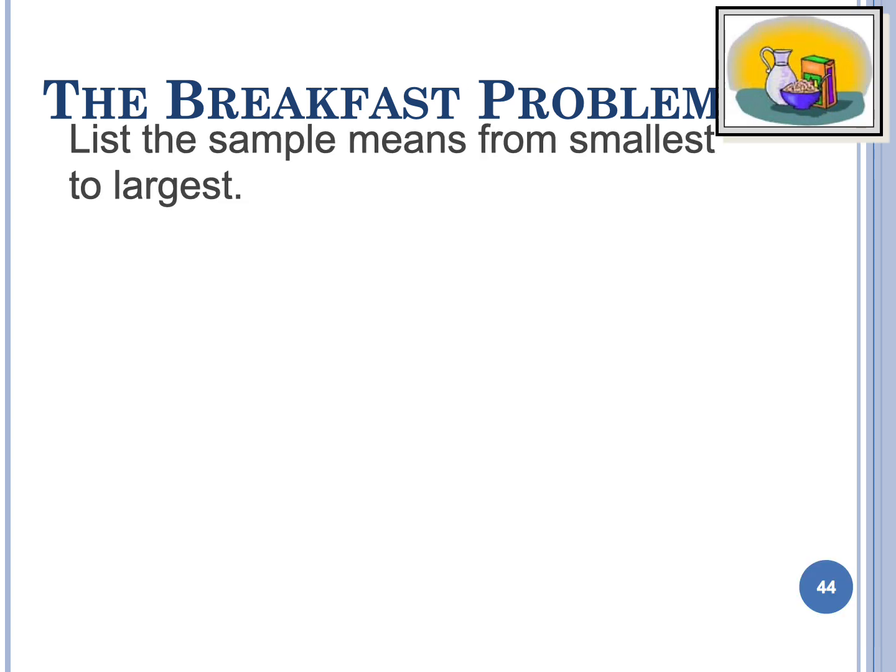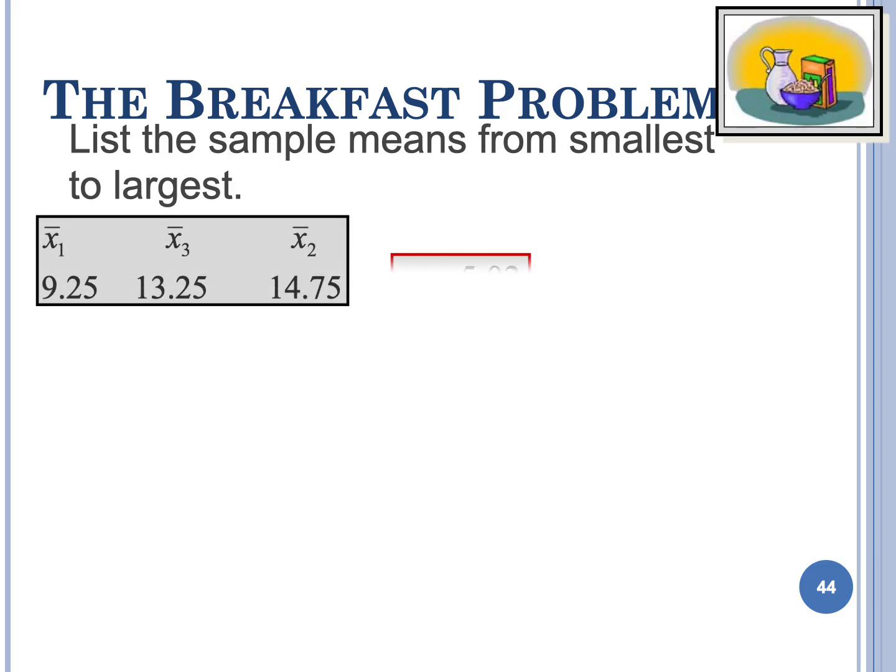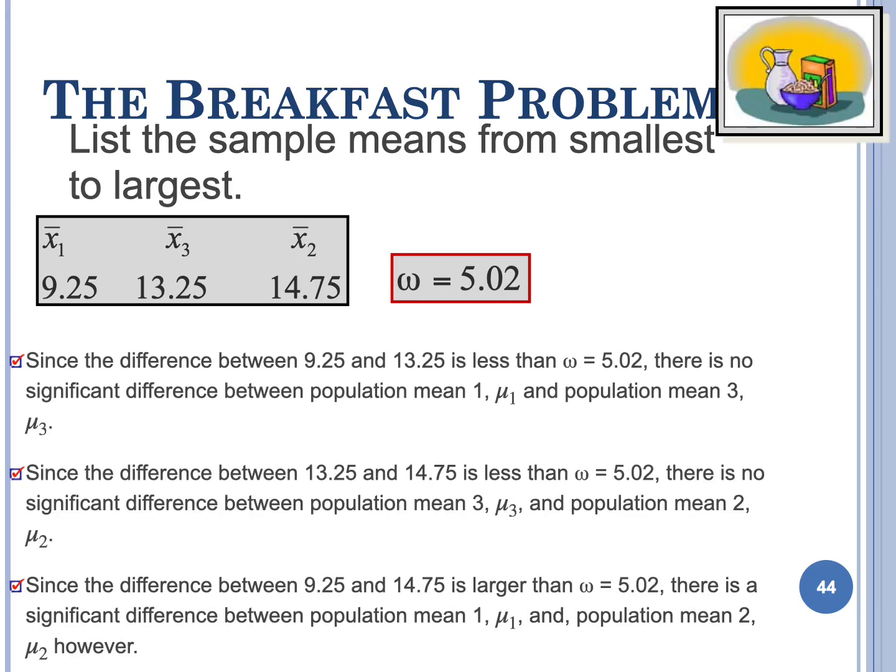Okay, so our next step is to list the sample means from the smallest to largest. So we had 3 sample means, and we will list them from the smallest to the largest. And omega was calculated, which is 5.02. Okay, so now let's do pairwise subtraction.